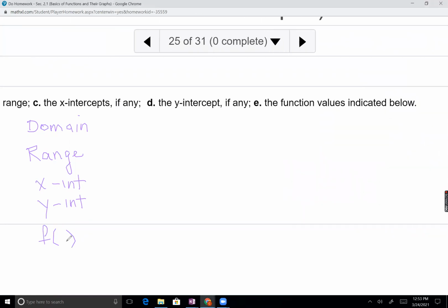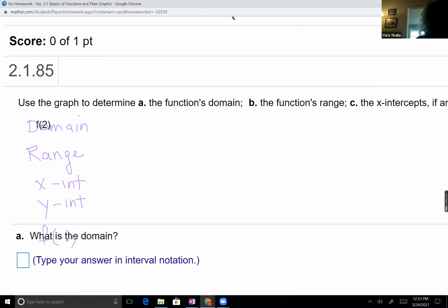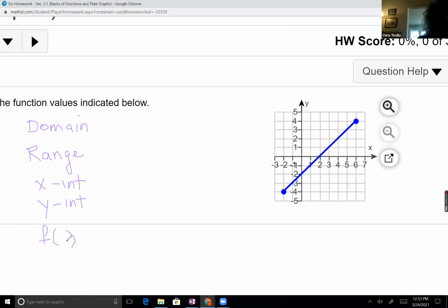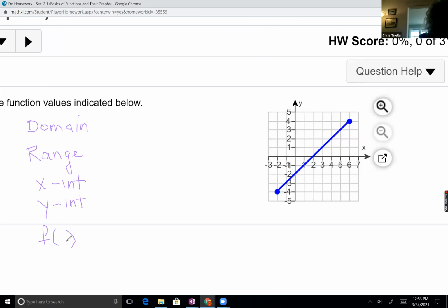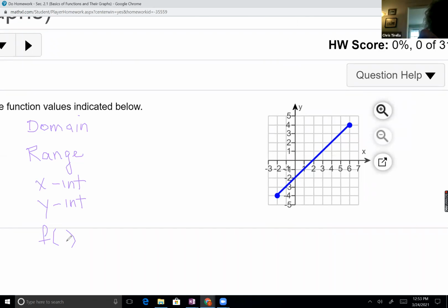F of, what are we looking for? F of 2. So -2, 6. Wait, no, be quiet. We're not working on them yet. I'm muting people. Okay. Hopefully the background noise is gone.